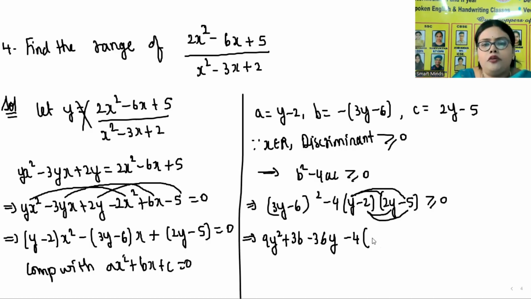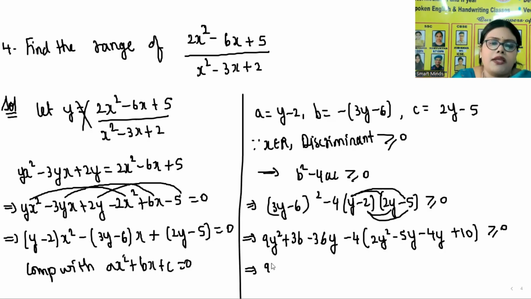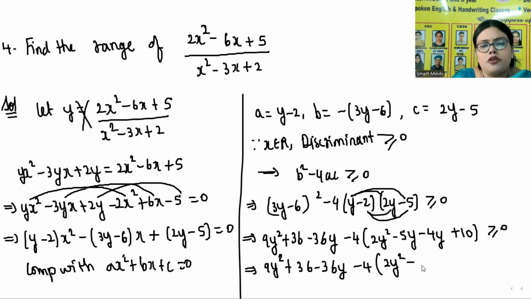So y into 2y is 2y square minus 5y minus 4y plus 10 greater than or equal to 0. Let us not open now. Let us simplify the bracket first. So you will get 2y square minus 9y plus 10 greater than or equal to 0.